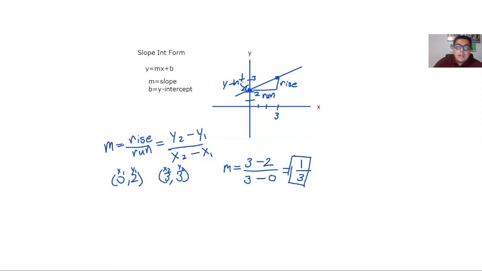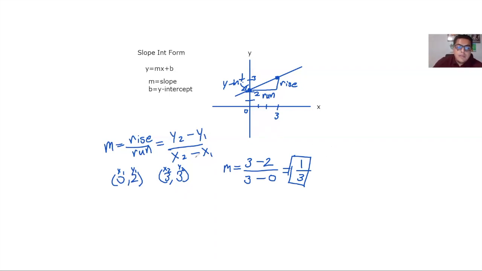Another way to figure out where the y-intercept is, is where the x is equal to 0, because that corresponds to where the line intercepts the y-axis.